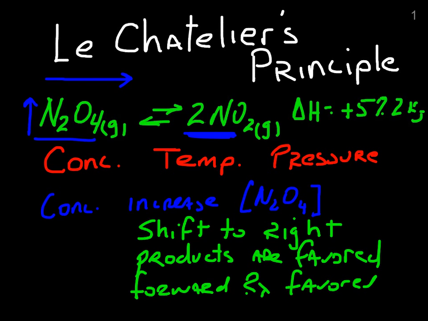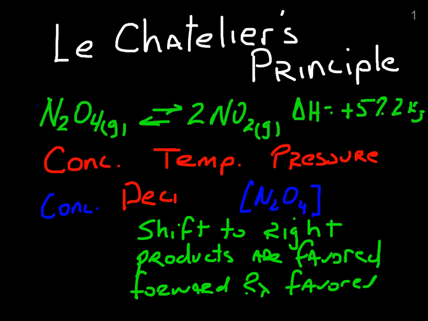Now, if I went the other way, let me get rid of these arrows. This time, I'm going to decrease the amount of N2O4. So I'm going to drop that down. What's going to happen now is the equilibrium is going to shift in the other direction.